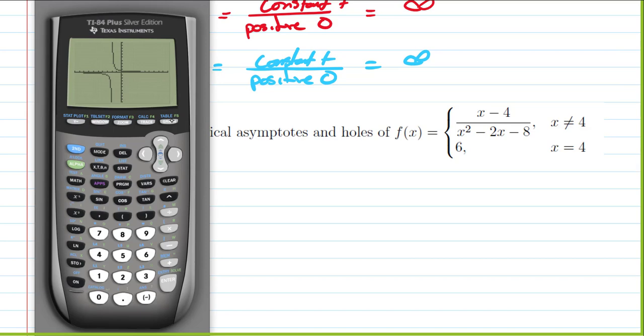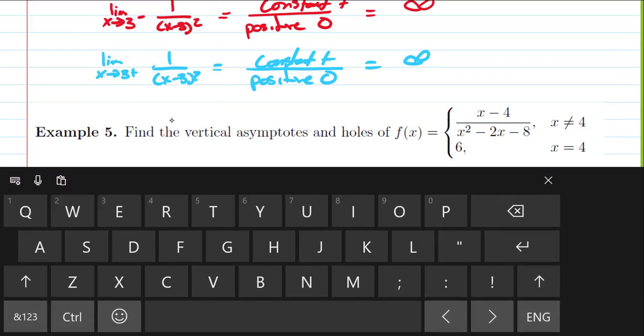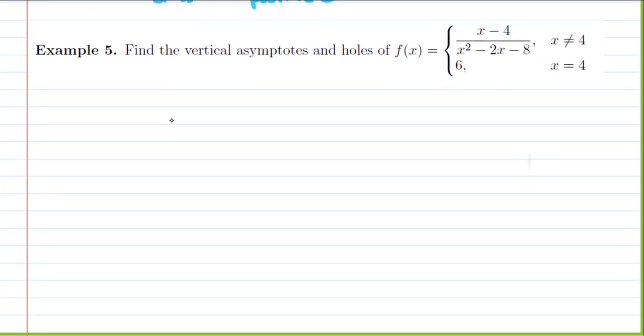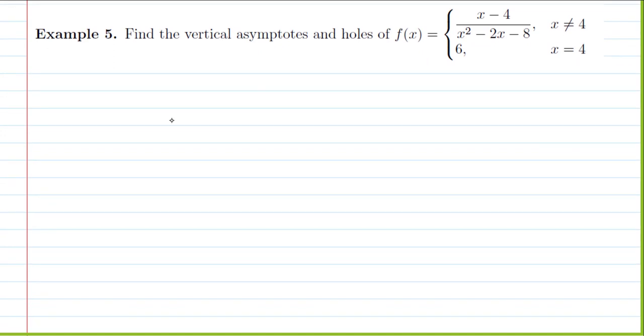So let's do some investigation and see what happens. So as I mentioned, we can factor quadratics. So let's go ahead and factor this thing up a little bit and see what we get.